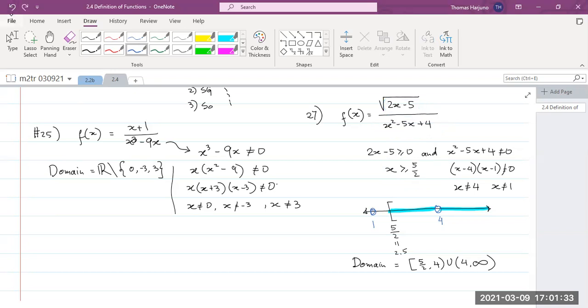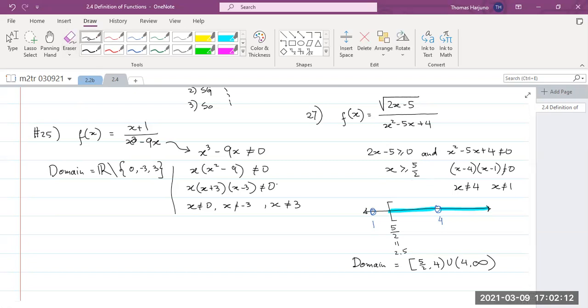I exclude x equals 1, but it's already excluded here. The one I marked is only from 5/2, which is 2.5, up to 4, and then from 4 to infinity. So x equals 1 is already excluded even from this.